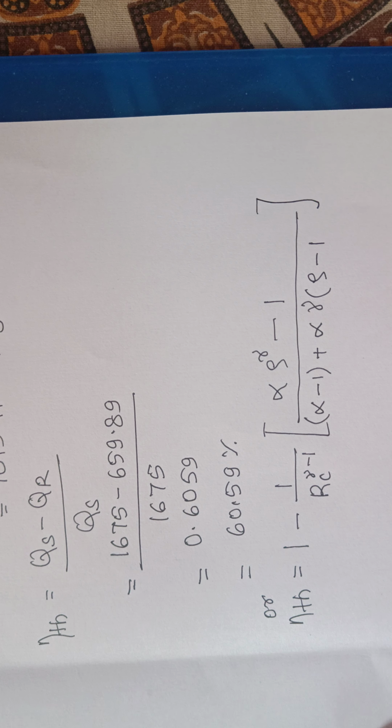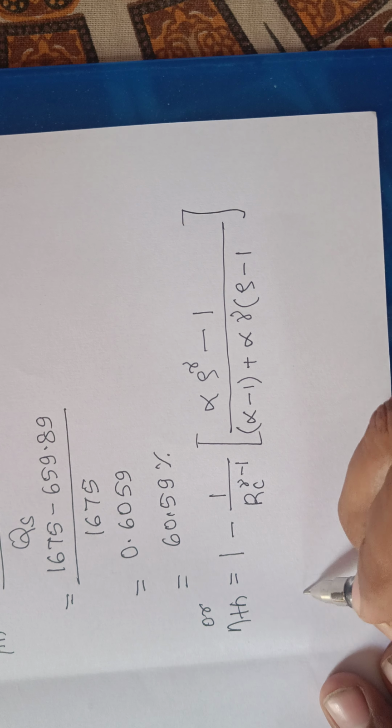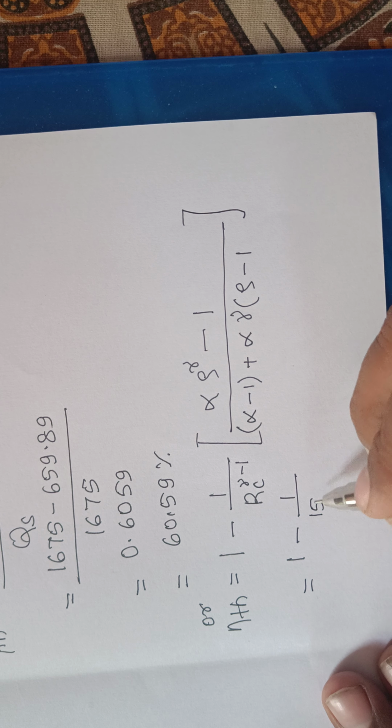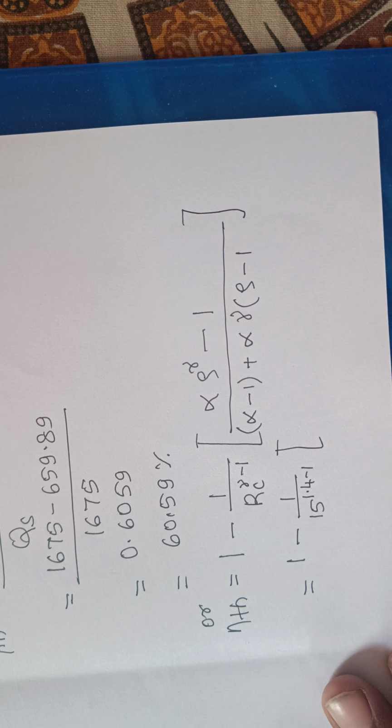This is also an equation you can use. Here you can substitute the values, that is 1 minus 1 by RC to the power 1.4 minus 1, and then we know the value of alpha.